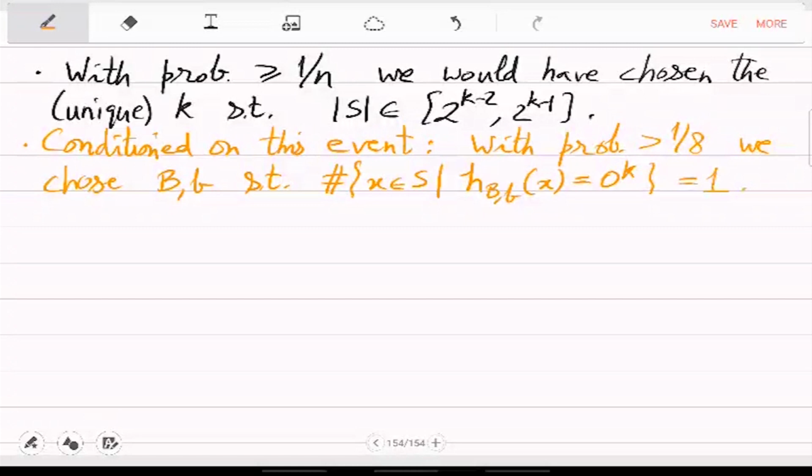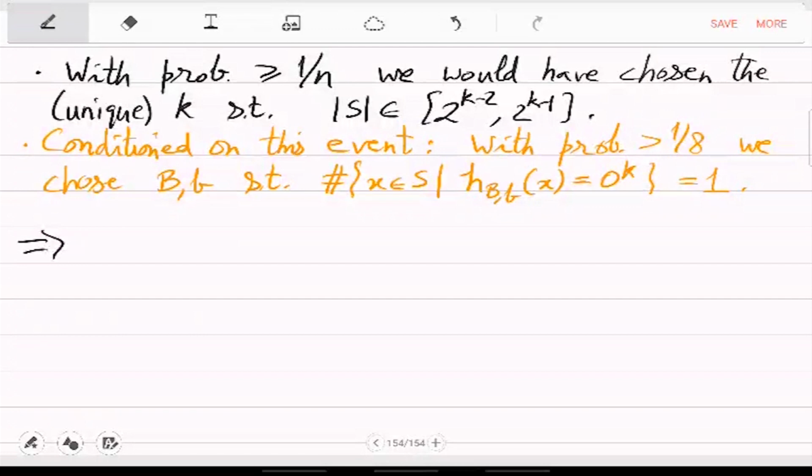This is exactly in claim number 3, this is exactly what we showed, that with probability 1 by 8 this will be 1. So, you multiply the probabilities.